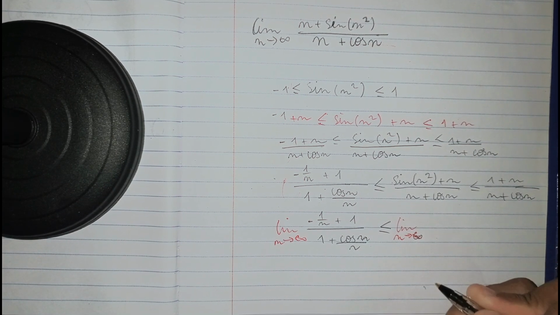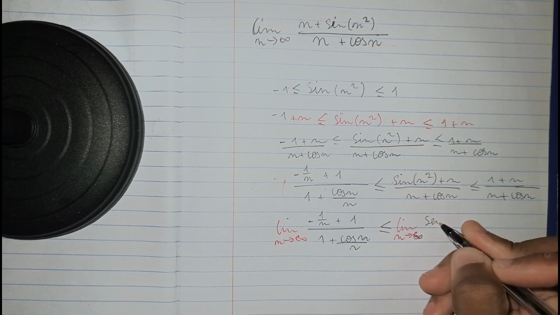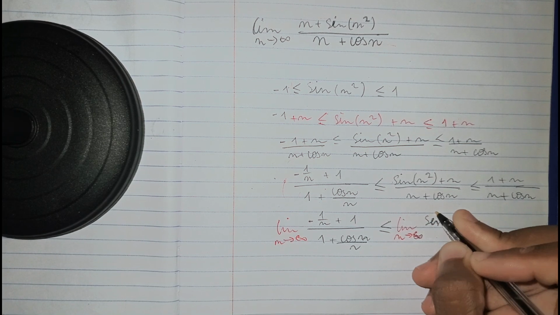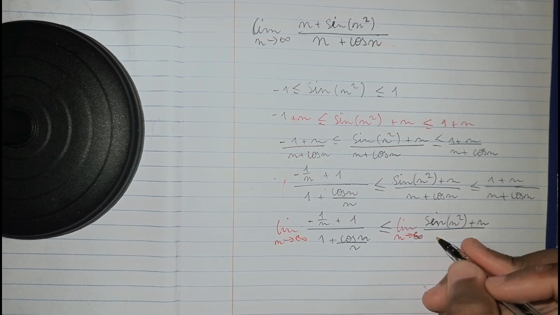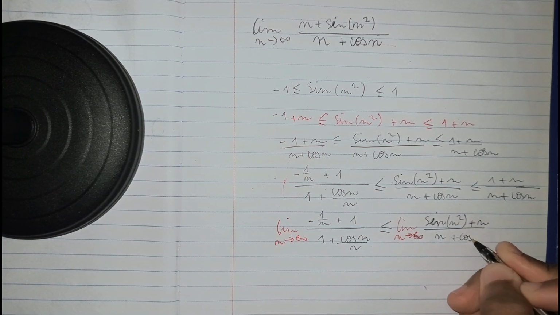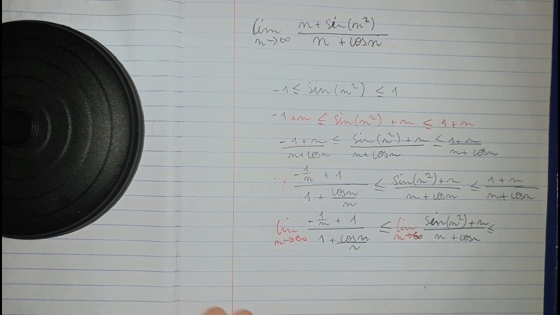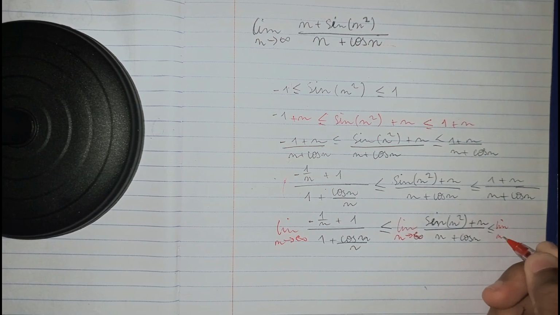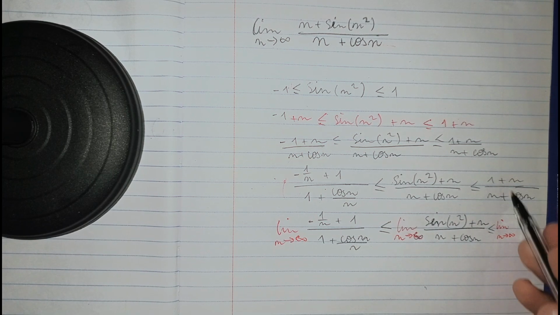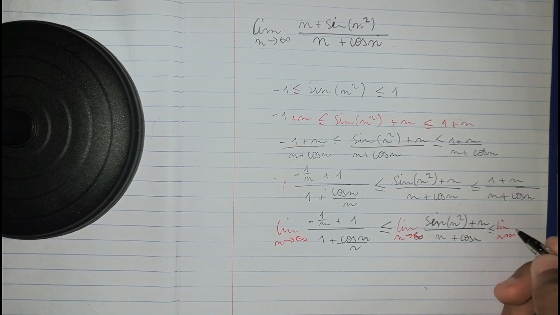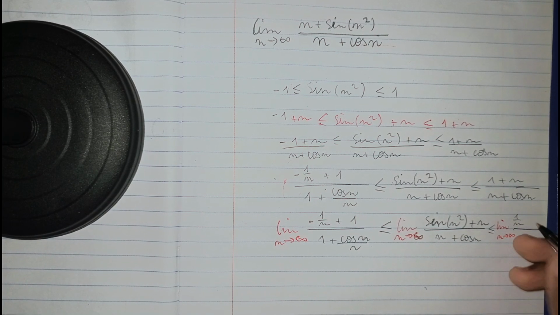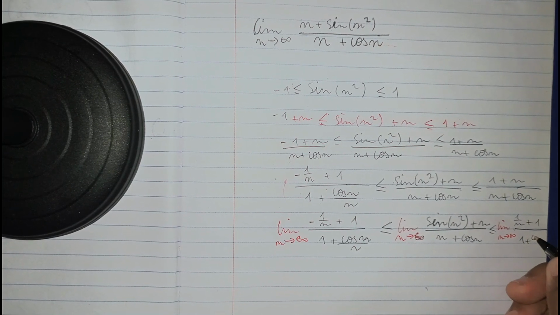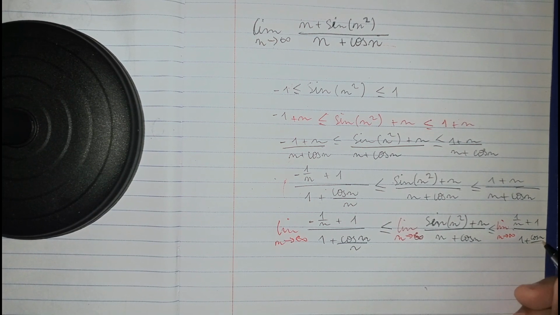Sine of n square plus n over n plus cosine of n, it's less than, here we plug the limit as n goes to infinity. Oh my god, I forgot to divide here. Okay, let's divide this: 1 over n plus 1 plus cosine of n divided by n.